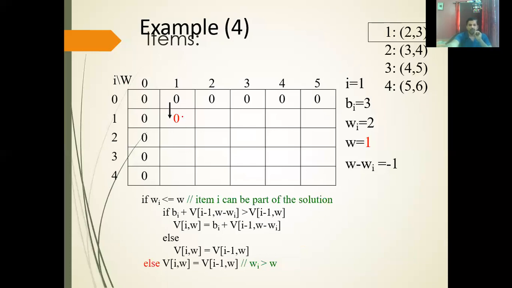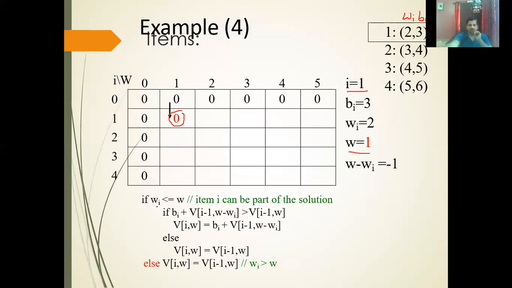See this. I want to compute this field. i is equal to 1, small w is equal to 1. And the first item has weight 2 and benefit 3, the first parameter is the weight and the second parameter is your benefit bi. Benefit will be 3 and weight will be 2 here.